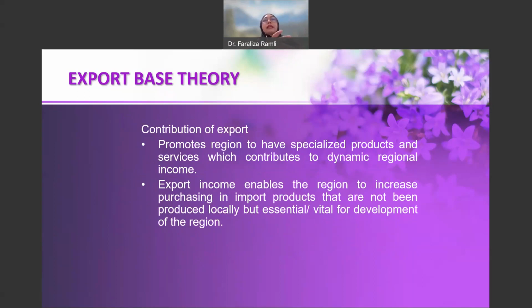So they have to know the specific product that can get more demand from the region or other regions. Okay, export income enables the region to increase purchasing and import products that are not produced locally but essential for the development of the region.